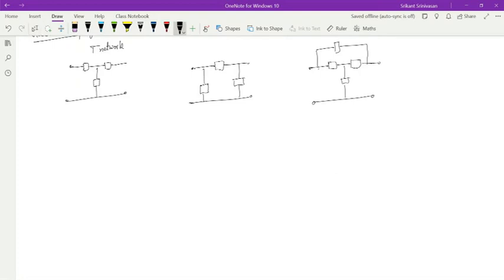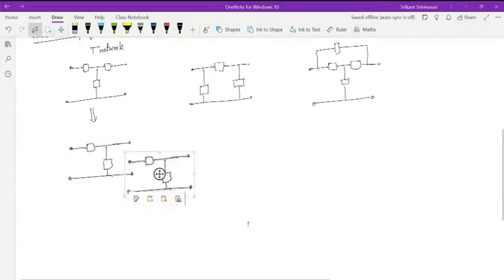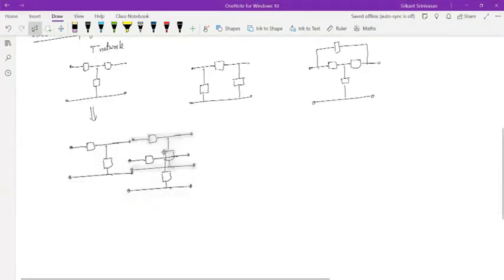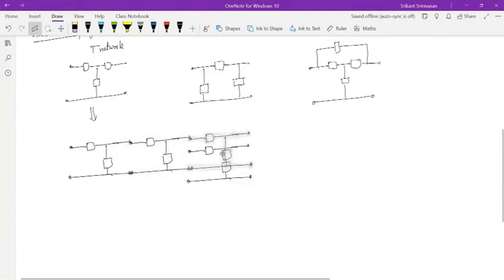Similarly, you can also have networks just like the T network on top. If I wanted to extend it, then I could call it a ladder network. That means I have one component like this. Now, if I just take the same thing, paste it and keep adding it, and then take another element and keep adding it, this is called a ladder network.